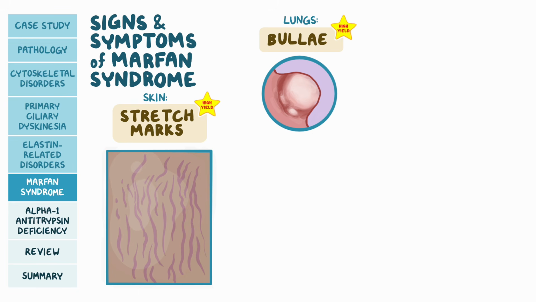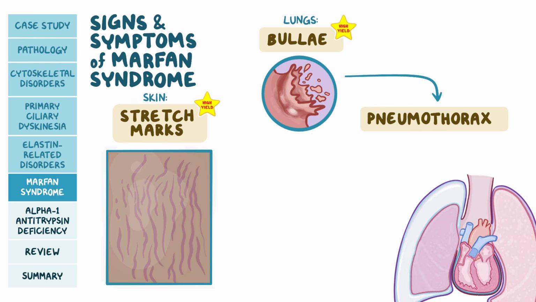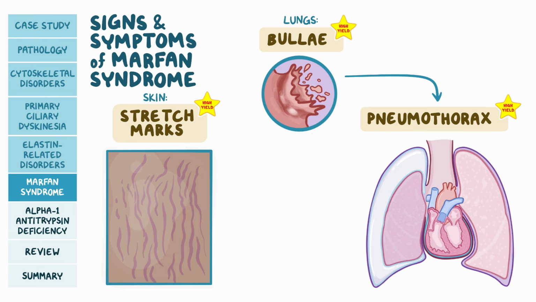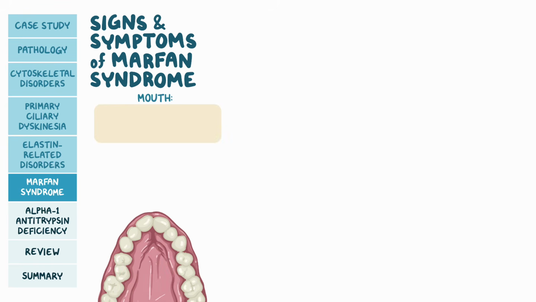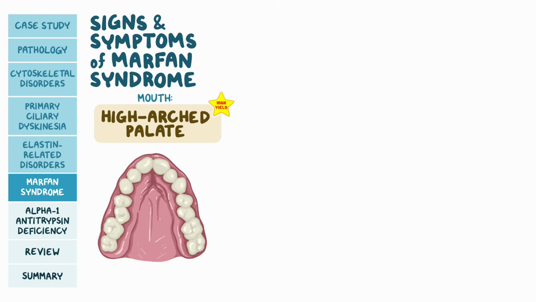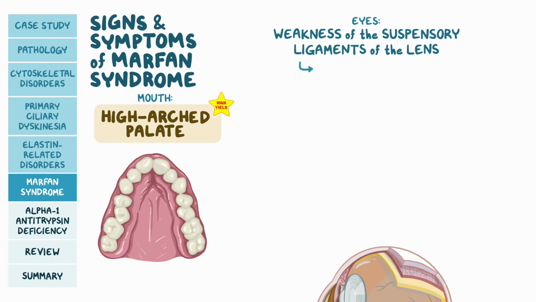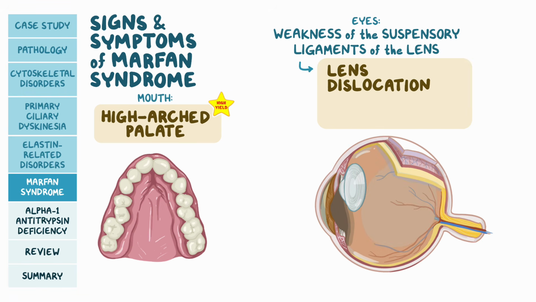What's important to remember is that these bullae are prone to rupture and may lead to pneumothorax, where air collects in the pleural space, which impairs lung expansion. In the mouth, Marfan syndrome causes a high-arched palate, while in the eyes, it causes weakness of the suspensory ligaments of the lens, which may lead to lens dislocation, usually in an upward and lateral direction.